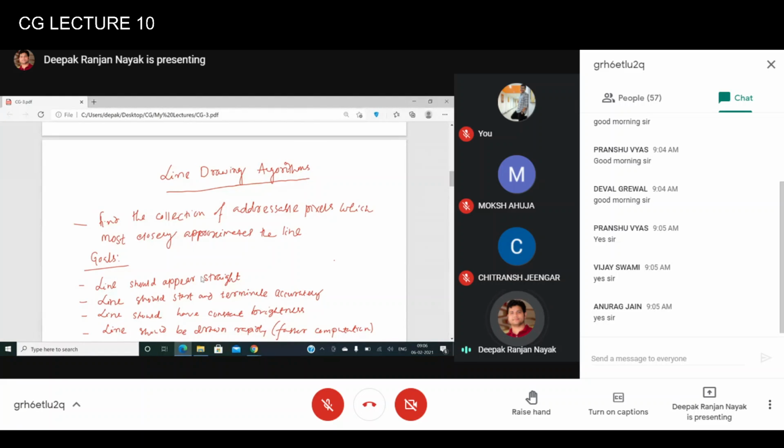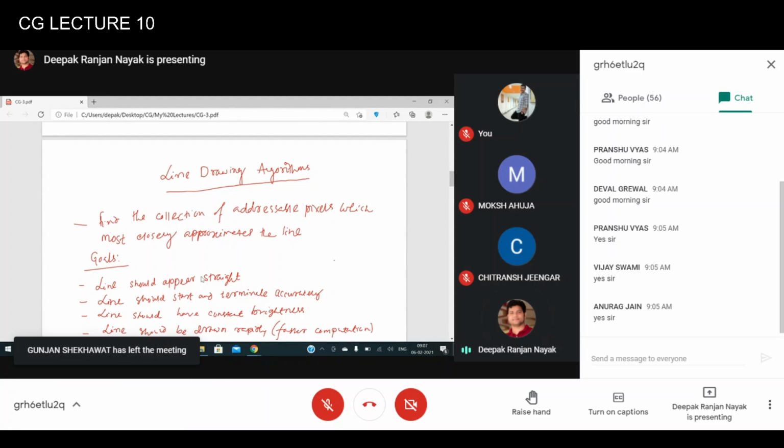So here it is totally different, and given two endpoints, we have to decide which pixels must be illuminated to form the line.